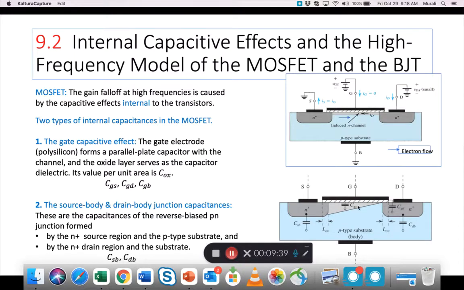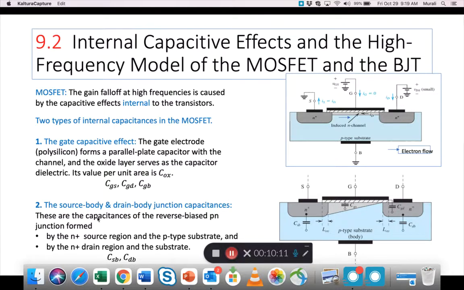Gate to drain, so this side is gate to drain as shown here, and then gate to body, which unfortunately is not shown, but similarly you can draw one capacitance between this gate and this p-type body, which is also called the substrate, right? So those are because of the gate forming a capacitance because of the dielectric that exists in the middle, the insulation in the middle.